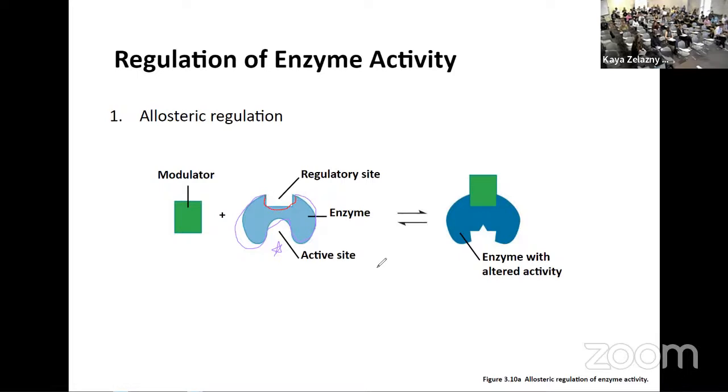At that regulatory site, some type of modulator, some other molecule, binds in and affects a change on the shape of the enzyme, which is going to change how it acts with respect to its substrate, with respect to the reactions.